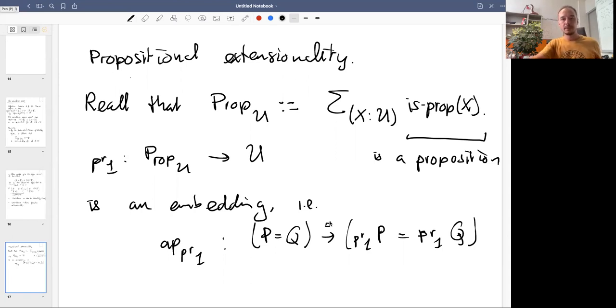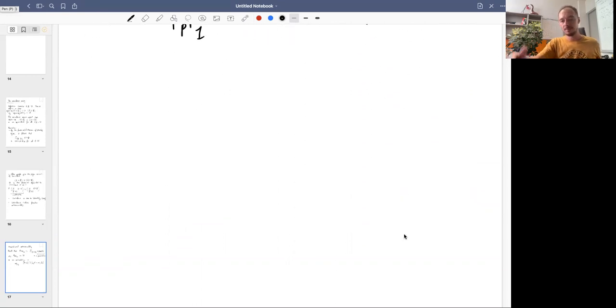So we can use that now because here we have an equality between propositions, but here on this side we have an equality between types, and we know that equality between types by univalence is equivalent to equivalence. So let's do a little calculation now.